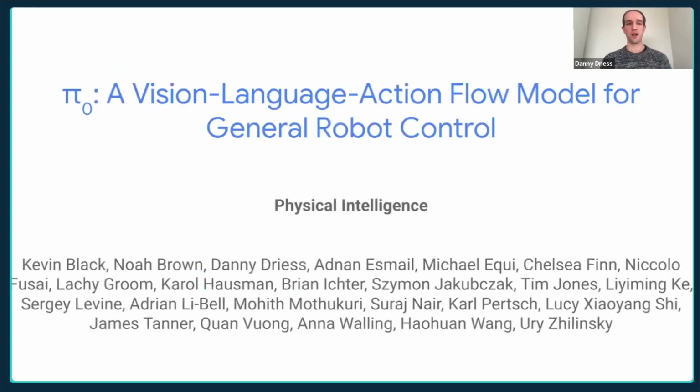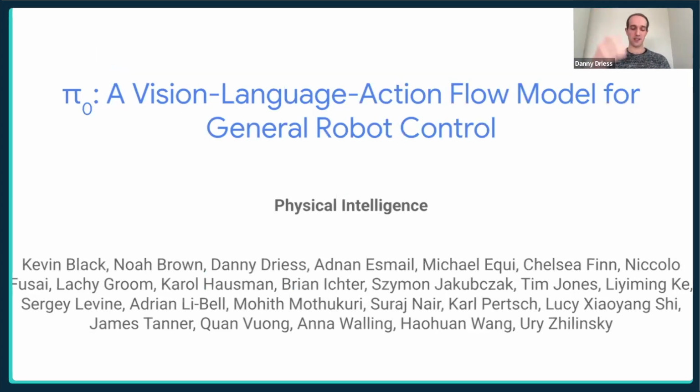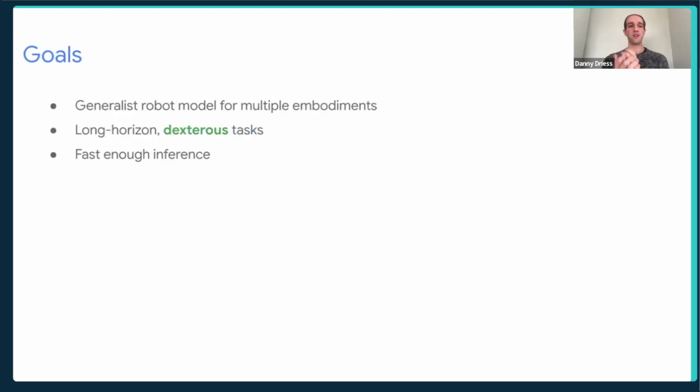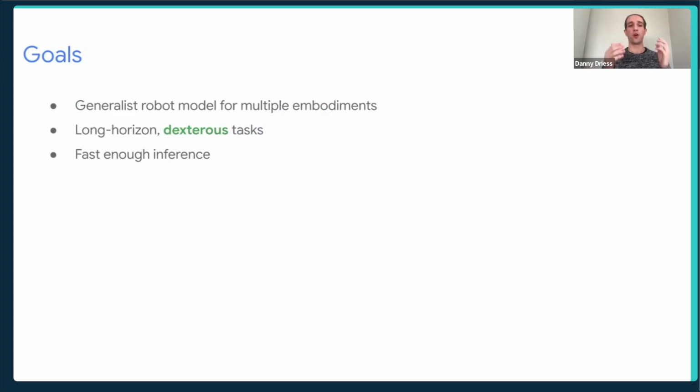So what I want to talk about next now is Pi0, the model that we built at Physical Intelligence that solved this task that I showed in the beginning. And I want to explain how we did this and what our goals were. So our goal was, okay, how can we take the lessons that we learned from RT2, but now do it for long horizon dexterous tasks.